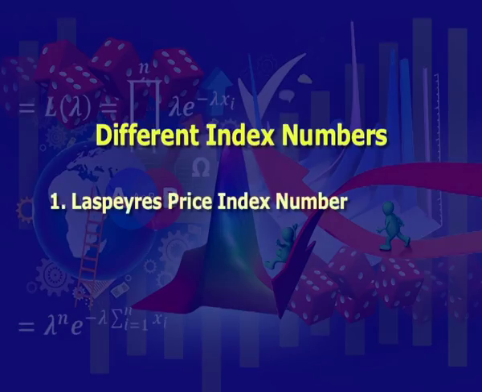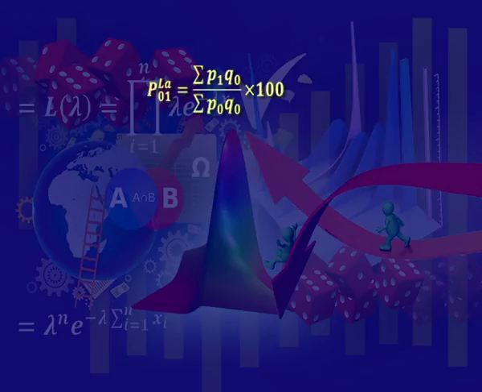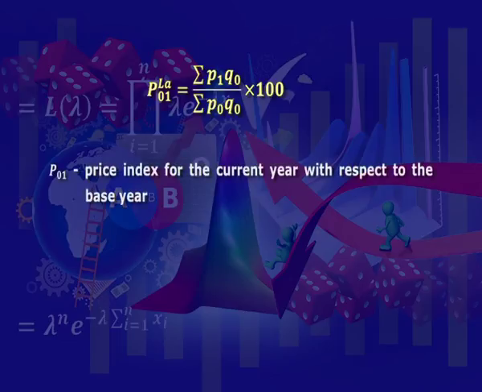Number 1. Laspeyres price index number. The notation for Laspeyres price index number is P01LA, which is given by summation P1Q0 divided by summation P0Q0 multiplied by 100, where P01 indicates the price index for the current year with respect to the base year.